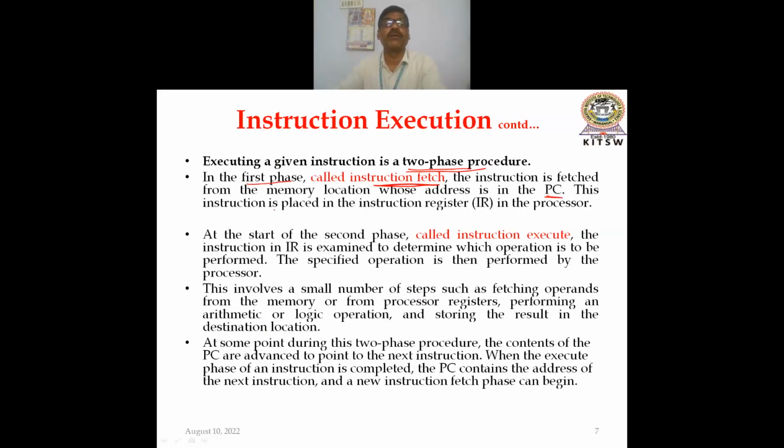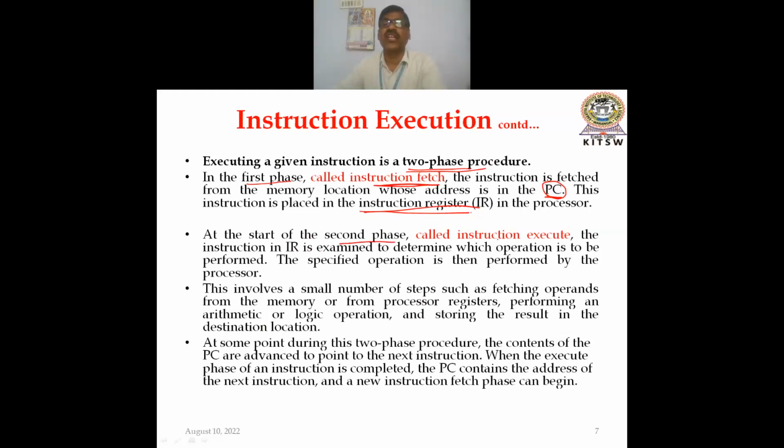Once it is fetched from memory, it is placed in the instruction register, IR, in the processor. Then the PC has to be incremented to the next instruction address. That is the instruction fetch.